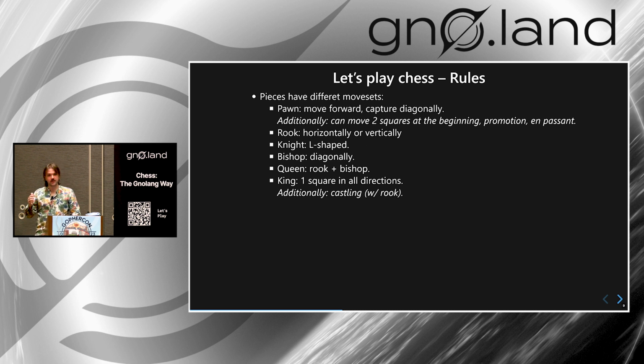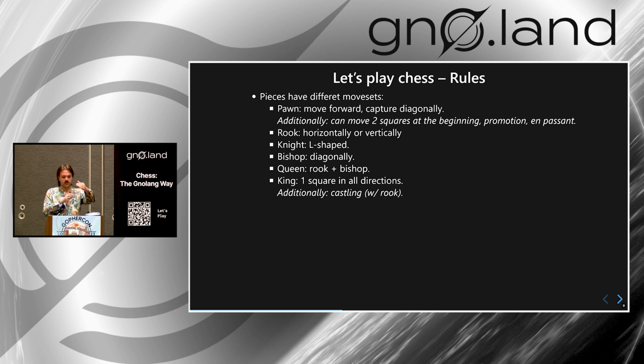So just a quick recap, because I'm not assuming you know any chess before heading into this, although you have a rough idea. Each piece in chess has different move sets. The pawn moves forward, technically towards the opponent's end of the board, and it cannot capture forwards.